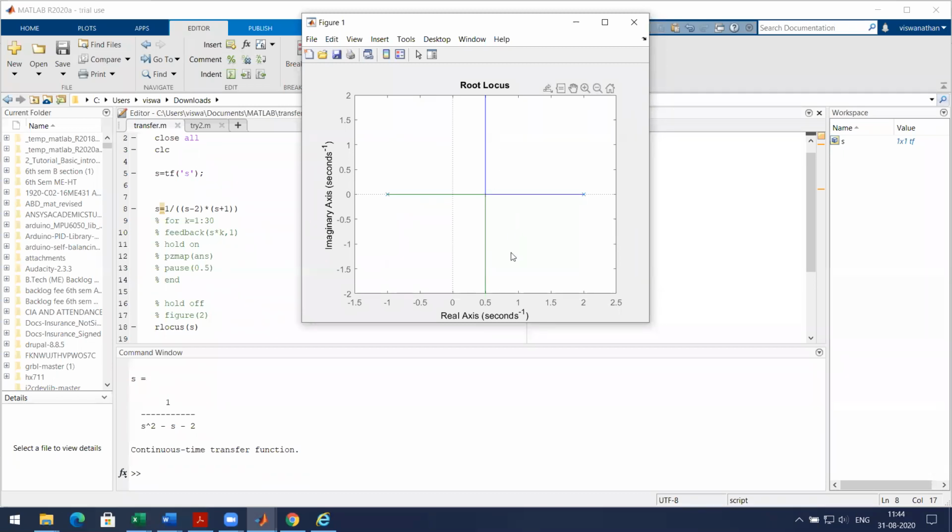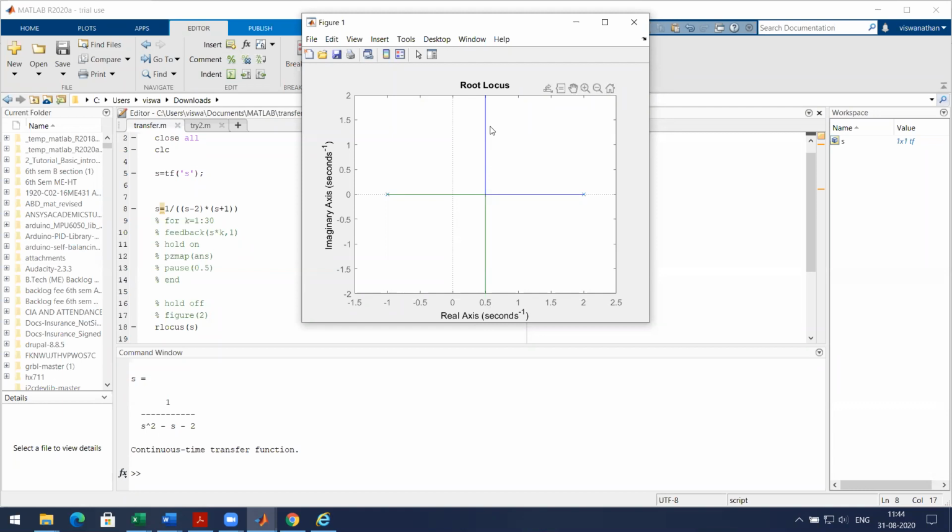Why does it go to infinity? Because there is no 0. Now this is for whatever value of k. I said this system is unstable because this is 0.5 here. So it moves vertically only. For whatever value of k, it goes to infinity.